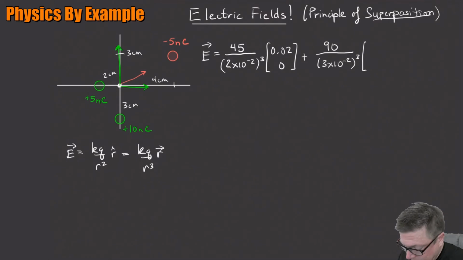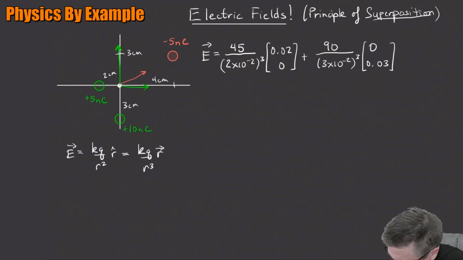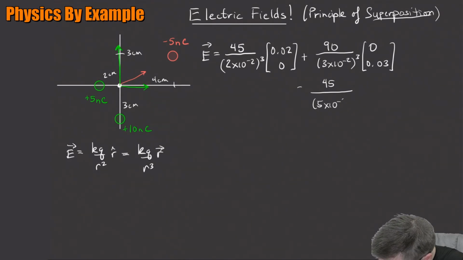And from the charge to the origin, the vector is 0 and 0.03, because these are centimeters. Then this is going to be another 45 over, let's see, it's a 3, 4, 5 triangle again, so that's 5 times 10 to the -2, cubed.